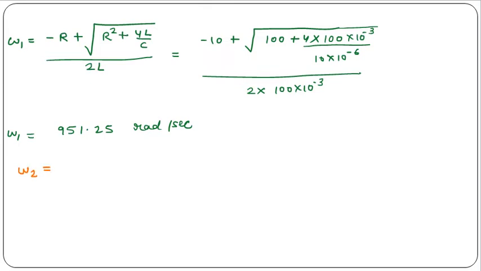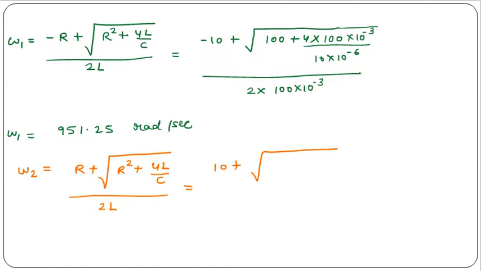So the only difference here in the omega 2 formula is that this R will be positive. The remaining formula will remain the same, that is R squared plus 4L by C, divided by 2 into L. So this is plus 10.